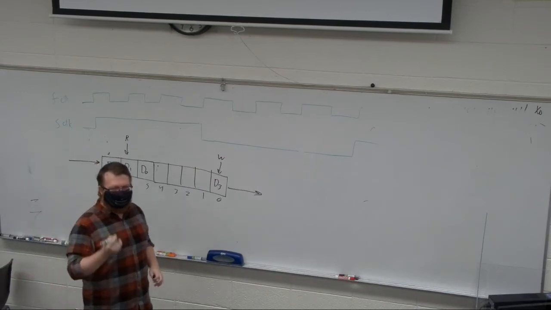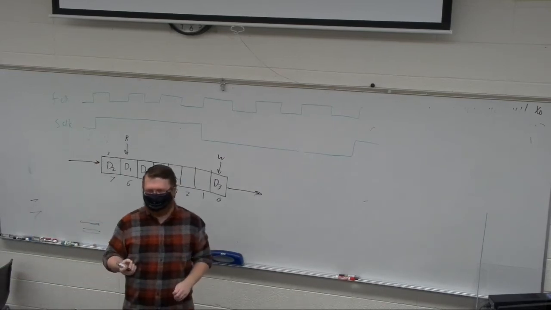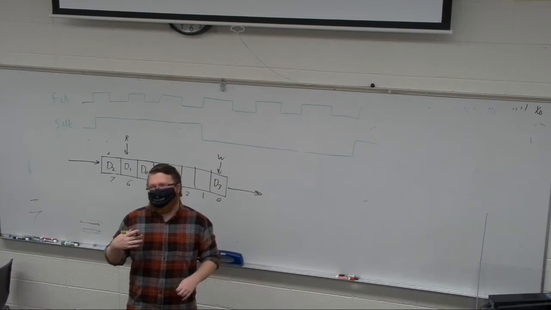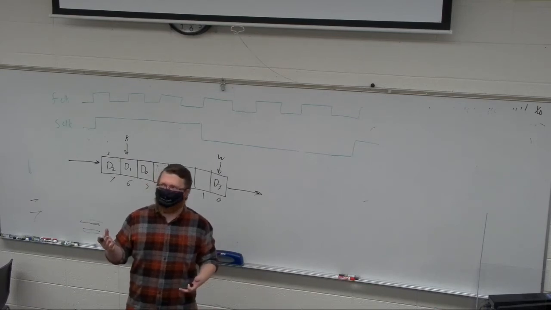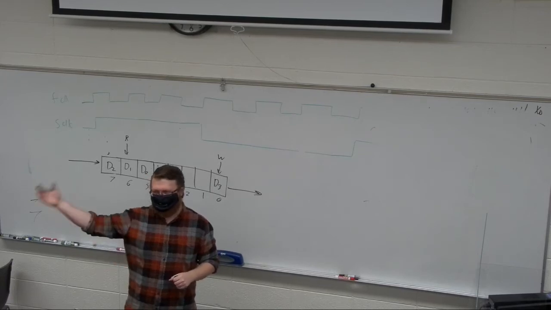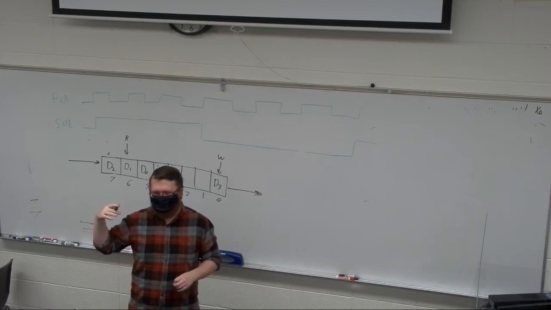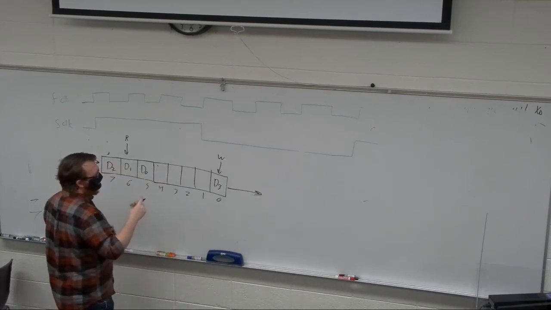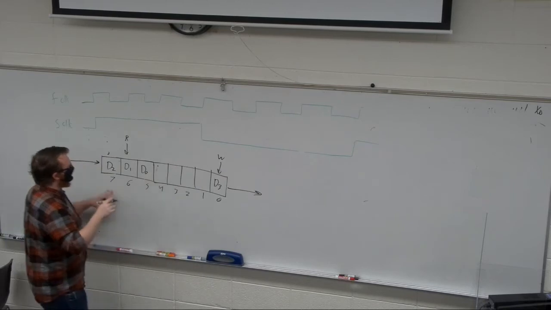So with a FIFO, it's important to never read from an empty or write to a full. Because if you do that, well, writing to a full is essentially like erasing the entire FIFO, because now you've exceeded the write situation. So let me carry this through so we can see the why.